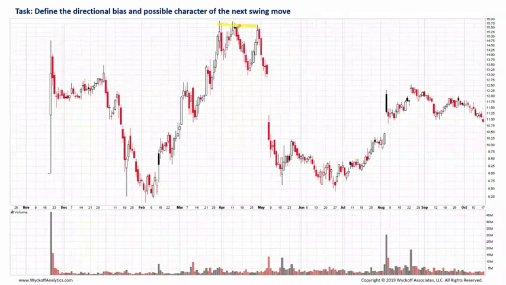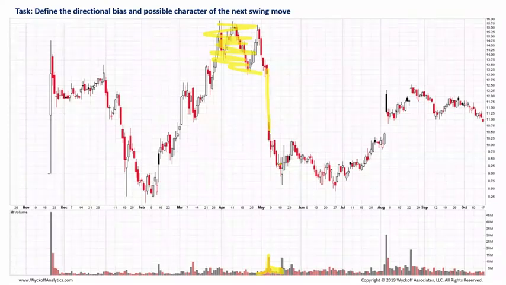Okay, so right, an increase in volume. Yeah, but I don't see an increase in volume there, so I would have reservations as to whether it was distribution. But then that big gap down makes me not so sure about my initial thoughts. Okay, I think you're on the right track here.